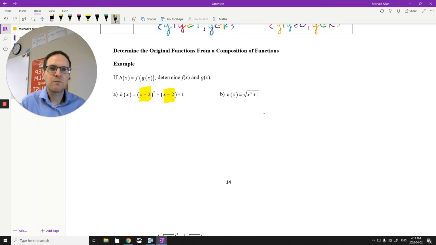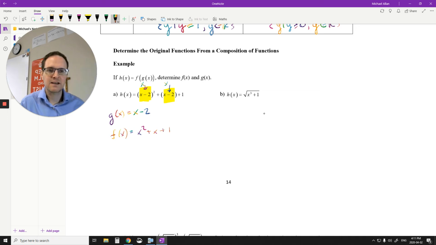So what if one of my functions, the one I put into the other, say, imagine that g of x was that common piece. Okay, so now let's say I took that common piece out. I took this piece out here, I took this piece out here. What if I just replace them back with an x? What do I get? Well, I get x squared plus x plus 1.